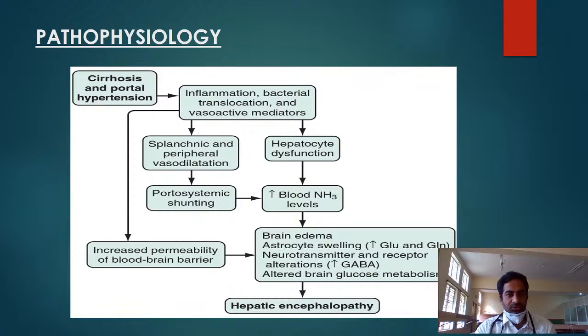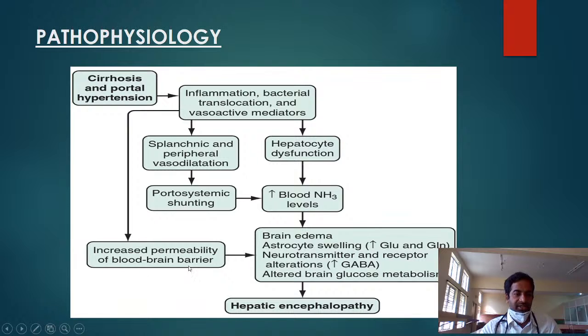Pathophysiology: cirrhosis and portal hypertension lead to inflammation, bacterial translocation, and vasoactive mediators. That ultimately leads to splanchnic and peripheral vasodilatation, which leads to portosystemic shunting. Increased portosystemic shunting will trigger increased blood ammonia, serum ammonia levels. That will cause brain edema, astrocyte swelling, neurotransmitter and receptor alteration by increasing GABA, altered brain glucose metabolism, ultimately leading to hepatic encephalopathy.